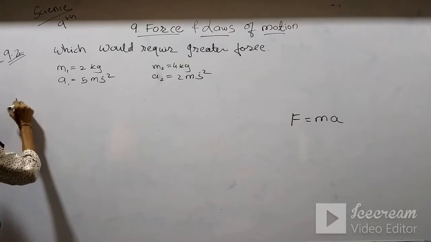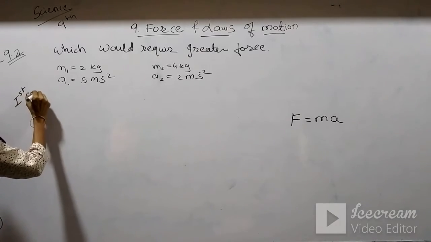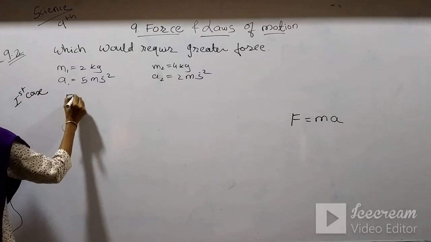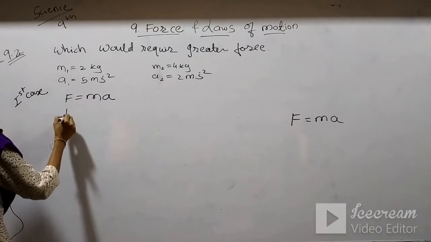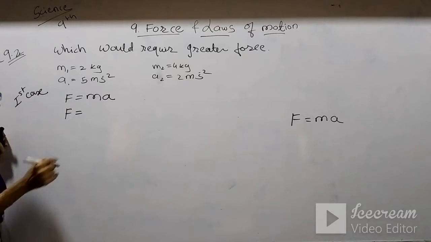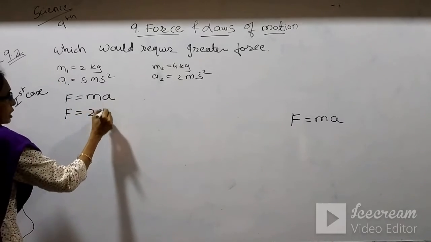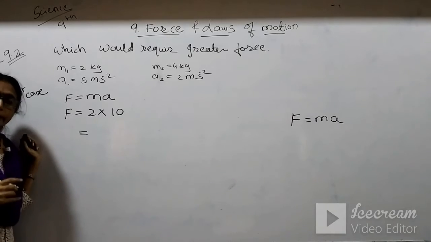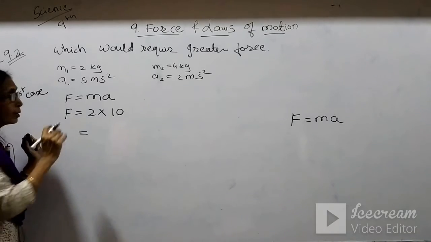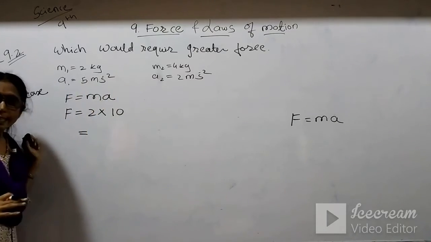In the first case, F is equal to ma. What is F here? We have to find out. m is 2 kg and a is 5. Students, check here: are the units related?